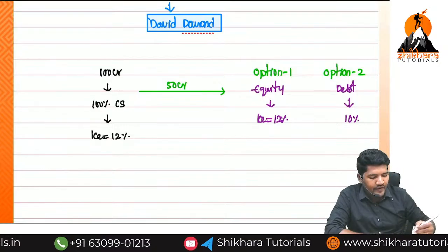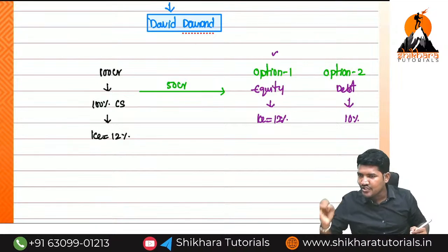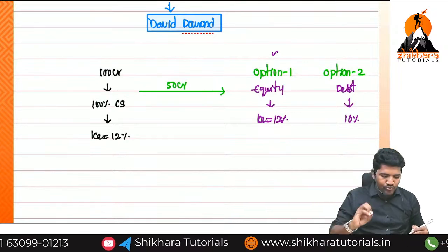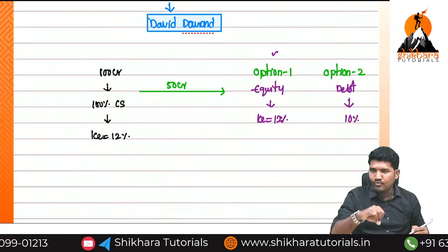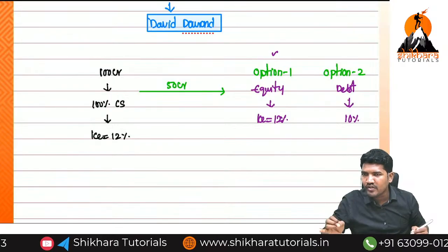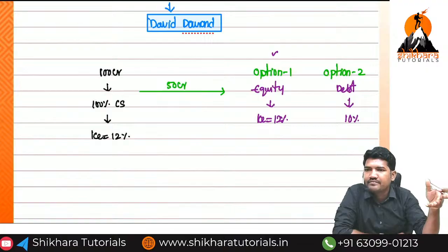Are you clear? If I choose option 1, I need to pay 12% to the existing shareholder and 12% to the new shareholder. If I choose option 2, what are the consequences? I need to pay 12% to the existing shareholder and 10% to the debenture holder, not a shareholder.